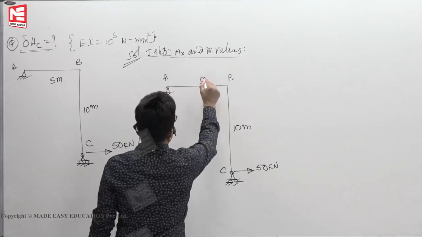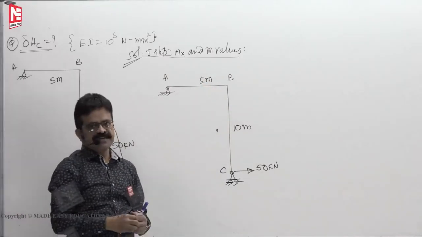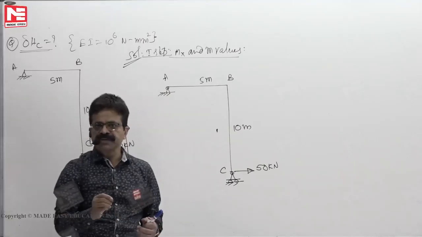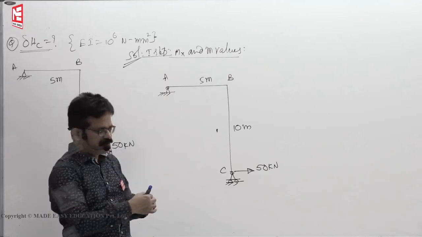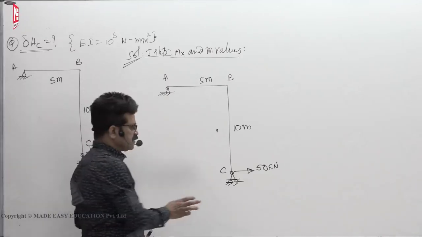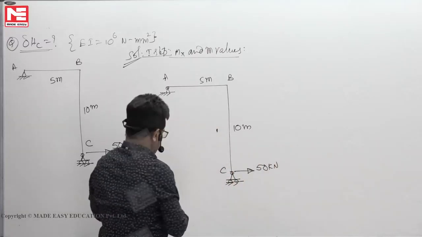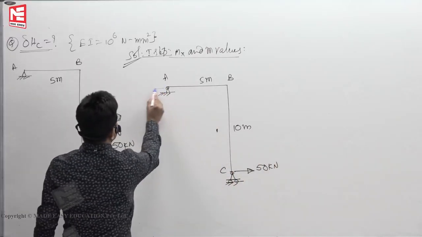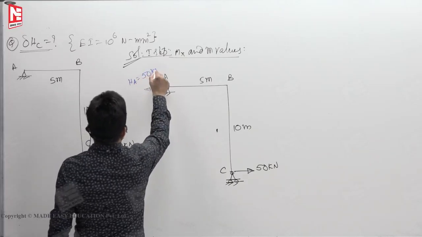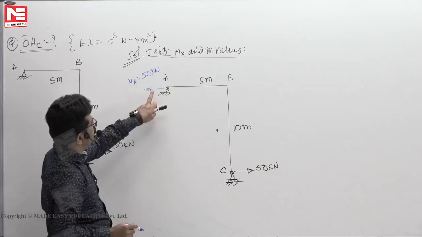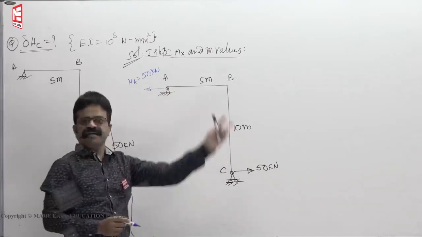10 meters, 5 meters. Now to find the support reactions in the exam, we should not write sigma x equals 0, sigma y equals 0, sigma m equals 0 type stories. By inspection we should get it. For the trusses I have explained, same thing. Now you see 50 right. To balance it, 50 left. So here this reaction is 50 left. Now you see 50, 50 will form a couple. 50 into 10, 500 anti-clockwise.